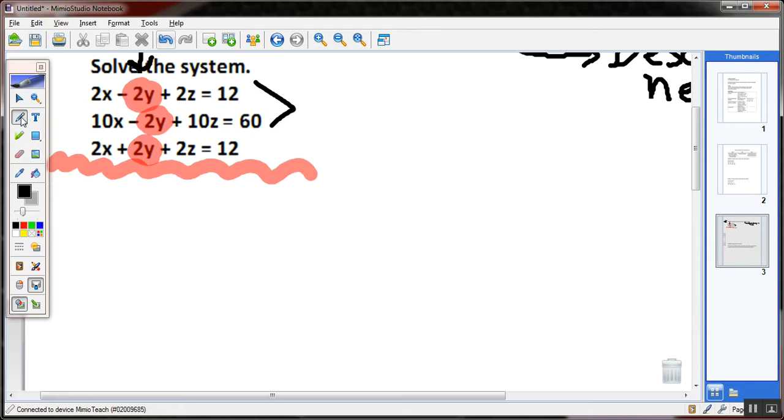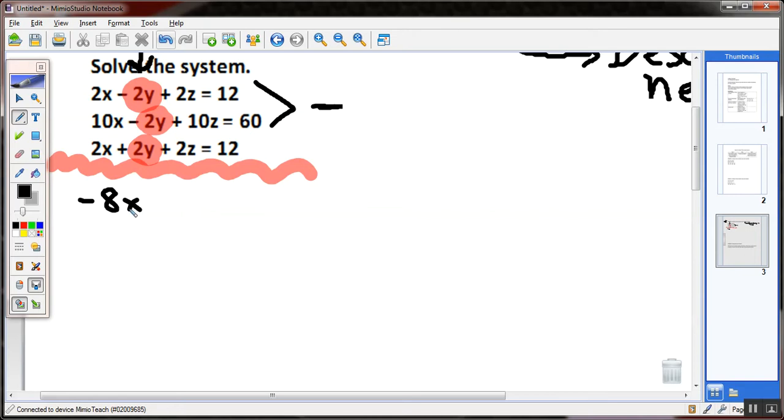We're good. All right. Help me out, kids. 2x minus 10x. What would that be, kids? We're going to subtract, right? Okay, 2x minus 10x right here, kids. What would that be? Negative 8x. Okay, the 2 y's will do what to each other? This is like negative 2y minus a negative 2y. What are they really going to do to each other? They're going to cancel, aren't they, then?